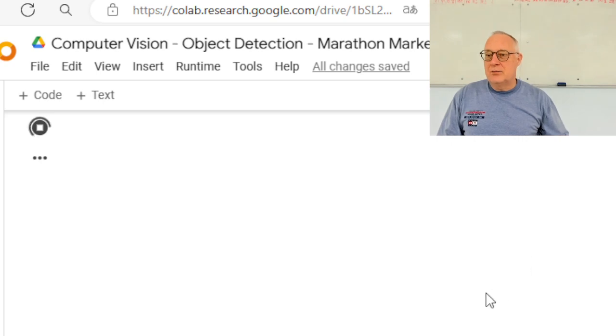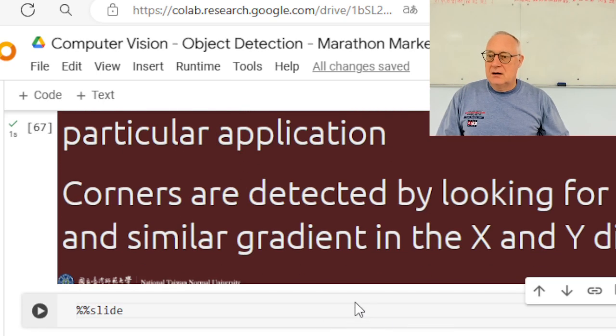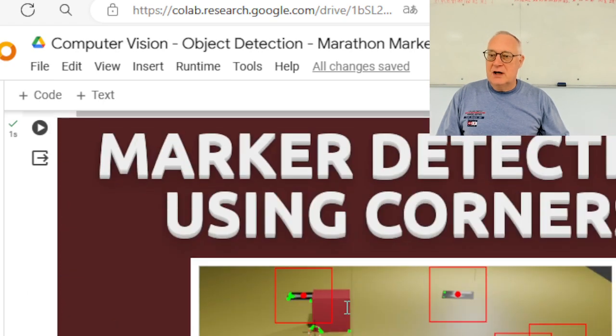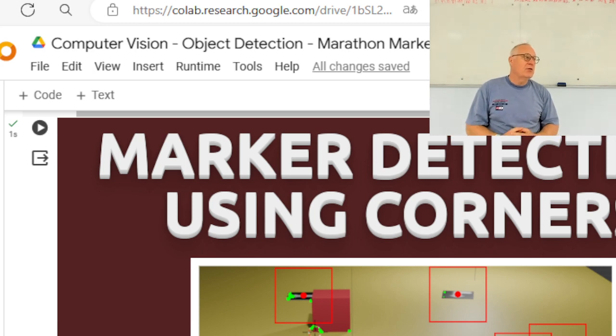So I think probably it may be a good idea to here not just pick the corner points, but also pick the other points and include them in our classifier, right?